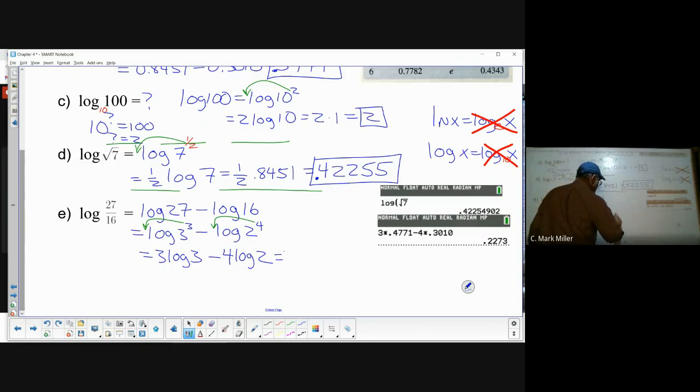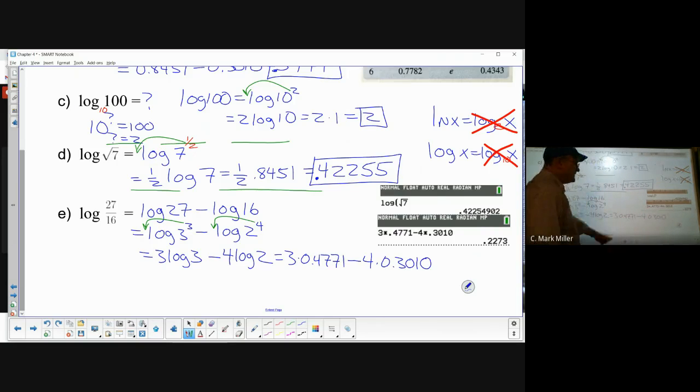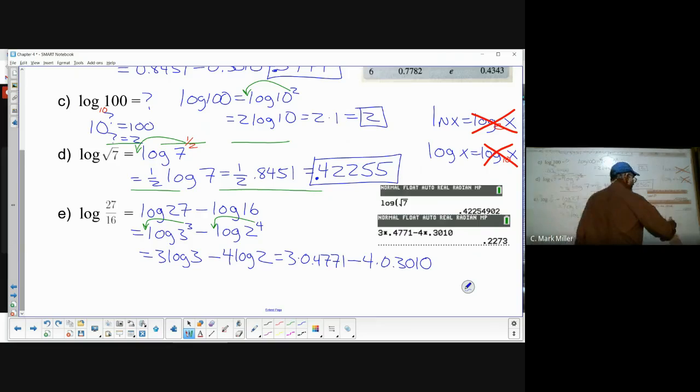And from our table, that's 3 times the log of 3, which is 0.4771, minus 4 times 0.3010.